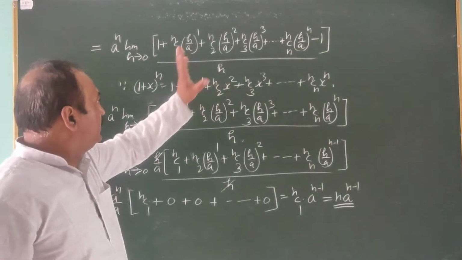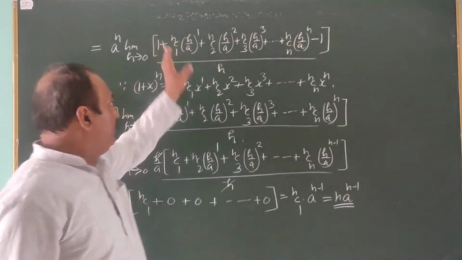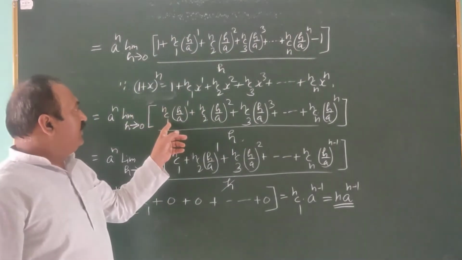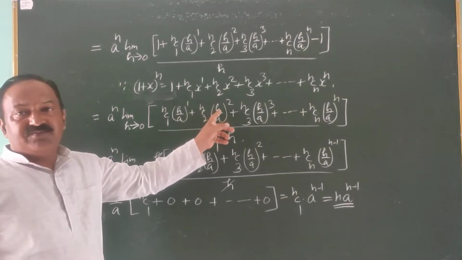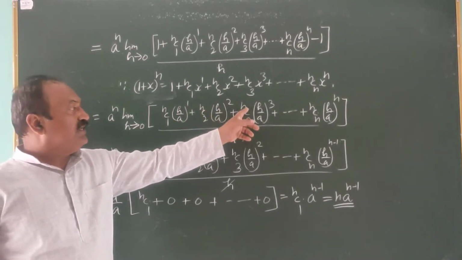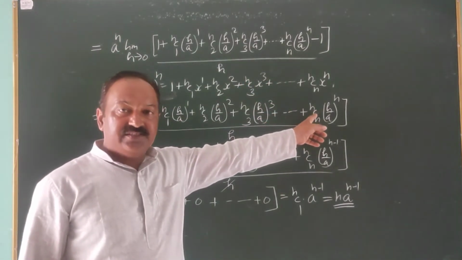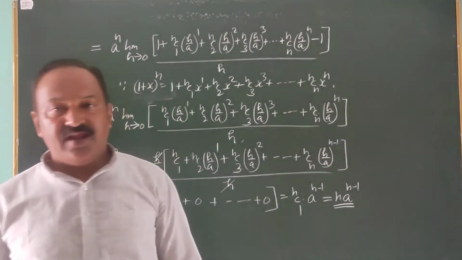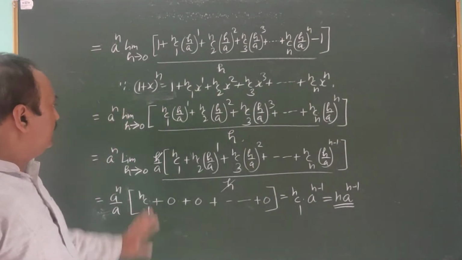Divided by h, after cancelling this minus 1 and 1, we get nc1 h upon a raised to power 1, nc2 h upon a raised to power 2 plus nc3 h upon a raised to power 3 plus and so on ncn h upon a raised to power n, and taking a raised to power n outside.